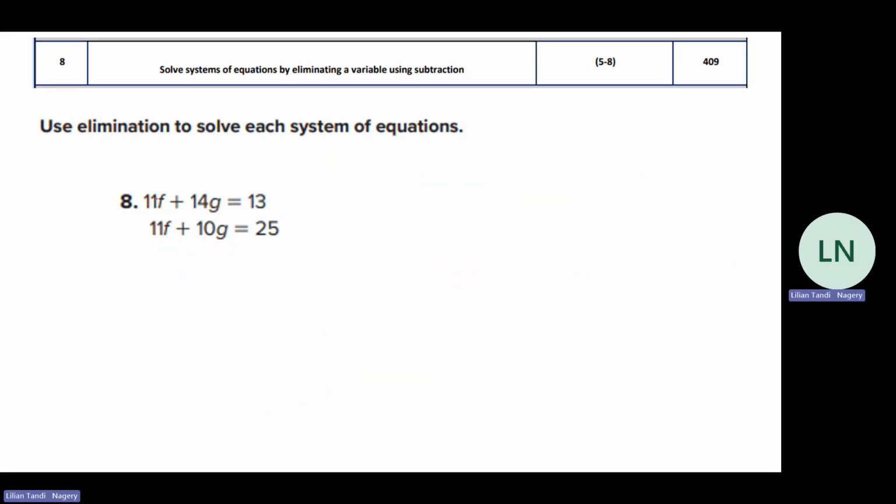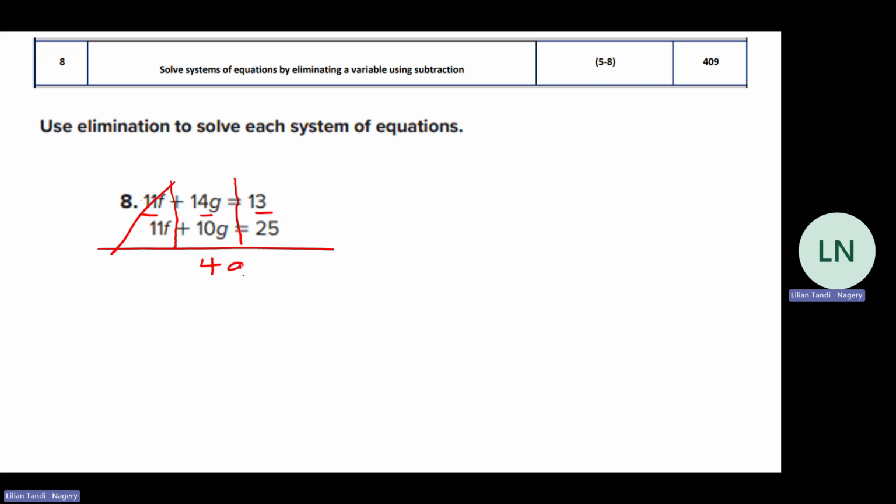Do I have same letter, same number? Yes. So my houses will be here. I will minus because both of them have the same sign, positive, positive. If I minus in one house, I will minus in my second house. So this is 0.